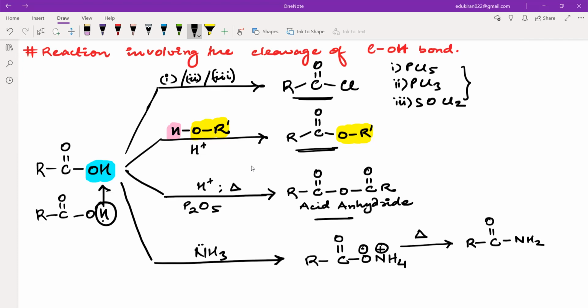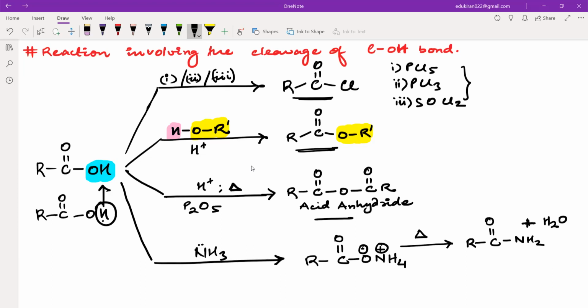That means two hydrogens from the NH4 positive are liberated, and the oxygen that was attached to the carbonyl carbon is also out, and they have formed water molecules. In all of these reactions, the byproduct is generally water. In this case, that is P2O5, because there is some heat involved. Water is liberated out. You won't see water in the product form because it is liberated out.